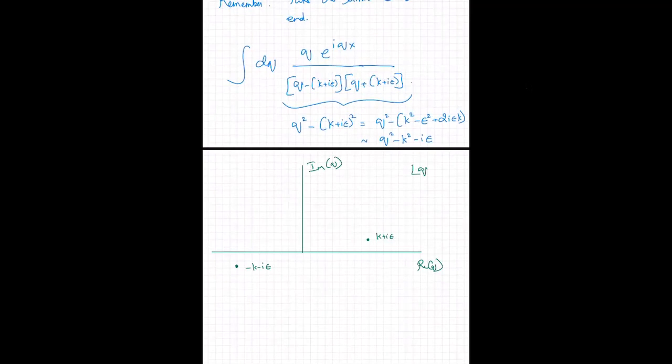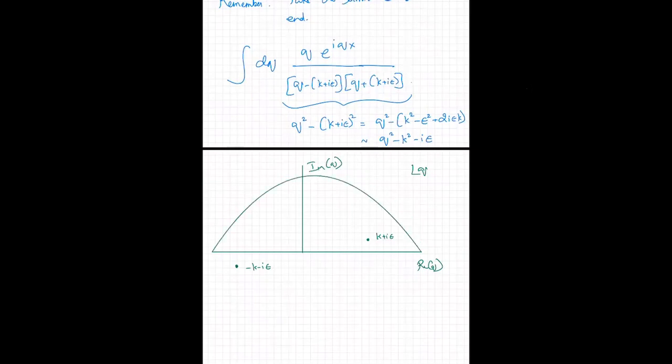It's a simple pole, so the actual answer is basically 2 pi i times the residue at that particular point. So what is the path I have to take for the integration? It is, of course, on the upper side. So this is the path I have to take.